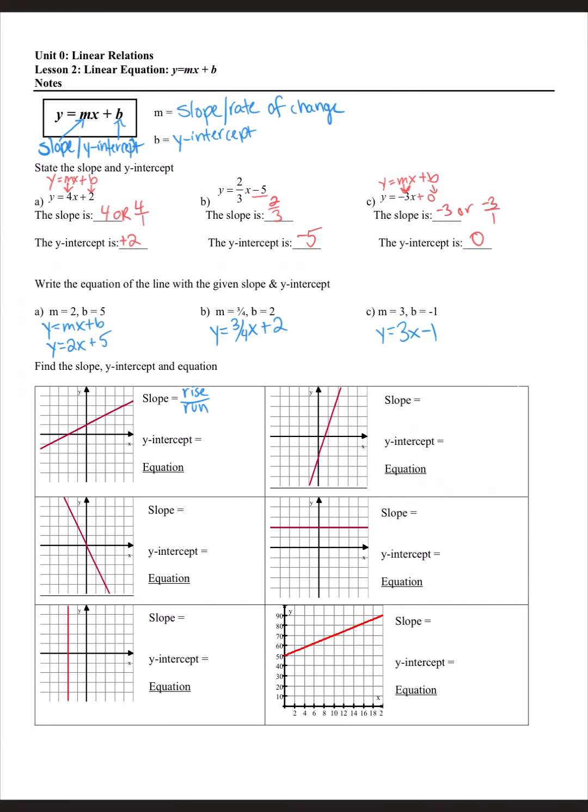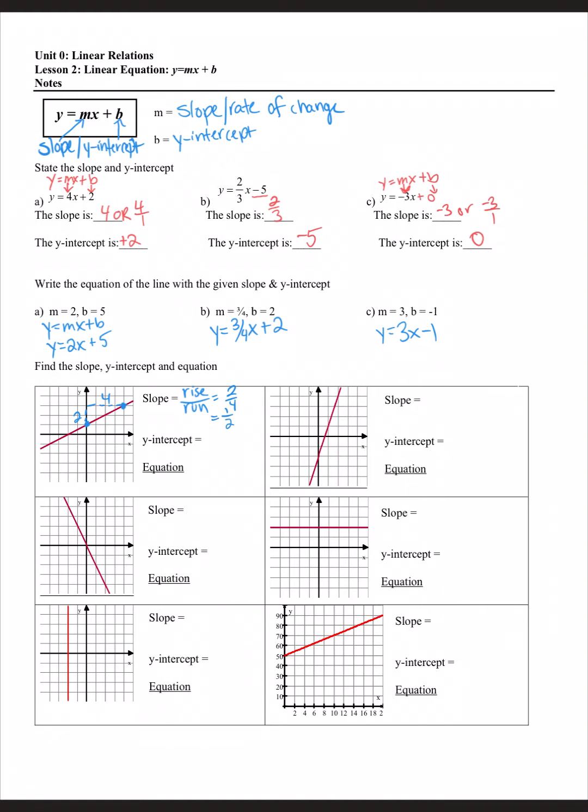If I start on a point that crosses the grid line, I'm going to use that point, and this point here looks like it crosses. From this point, we're going to rise 2, and we're going to run 1, 2, 3, 4. Both of those are positive. So 2 over 4, we need to make sure we put that in simplest terms, 1 over 2.